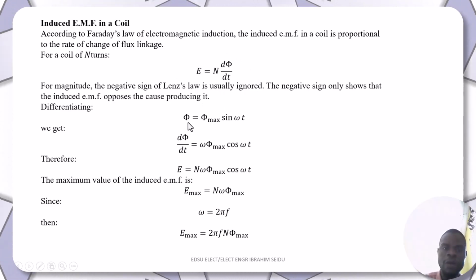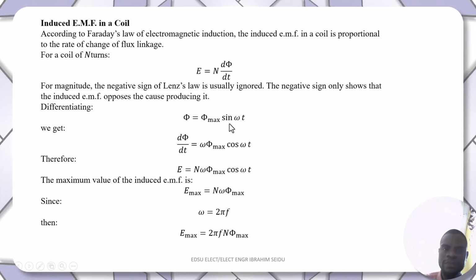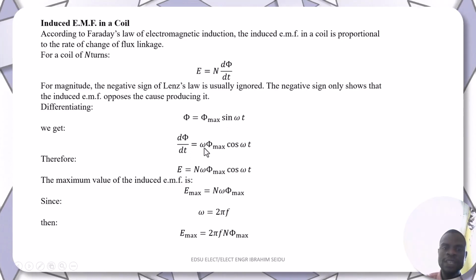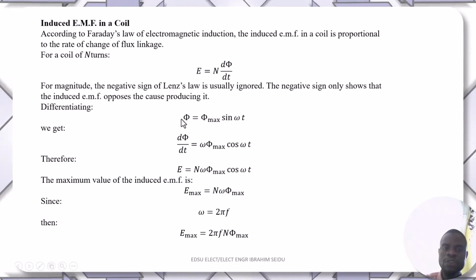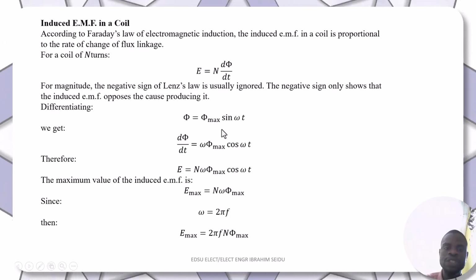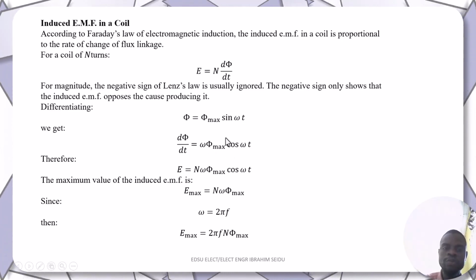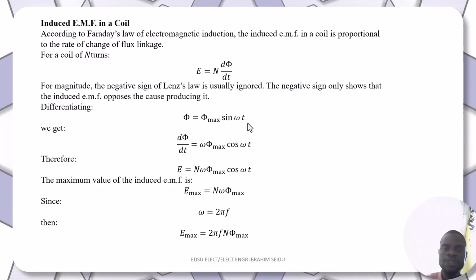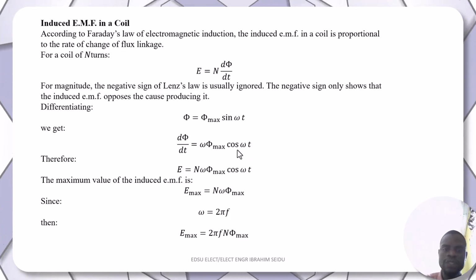Now, if our flux is this, then dΦ/dt should be this. So if you differentiate this with respect to t, you should have this.